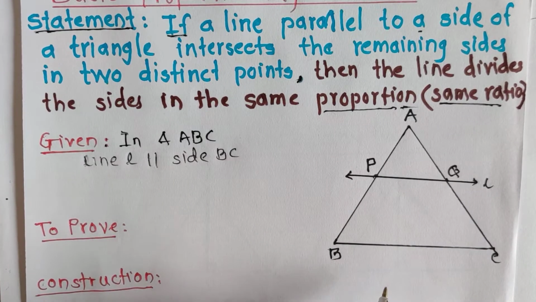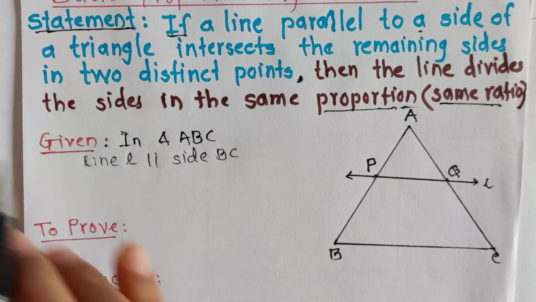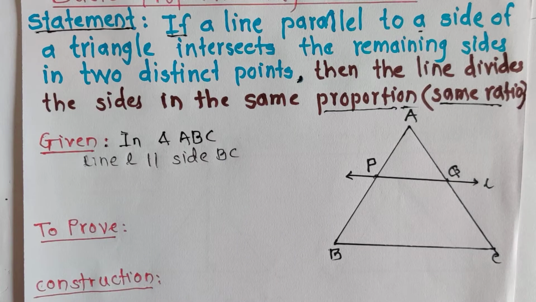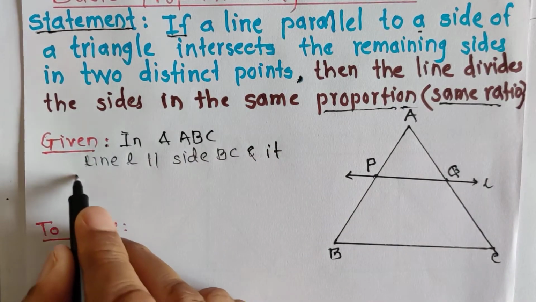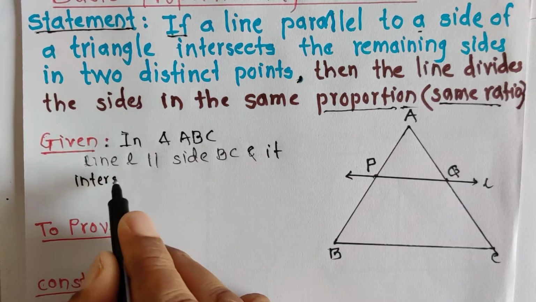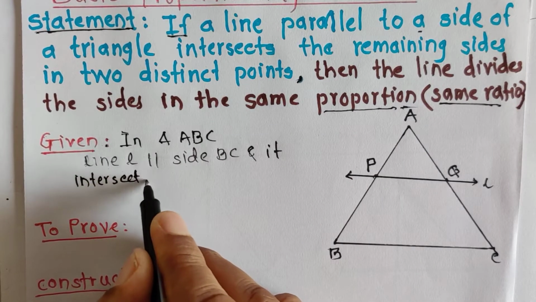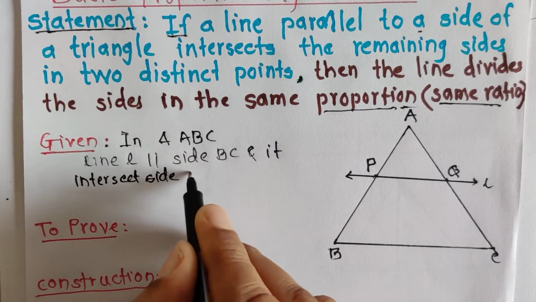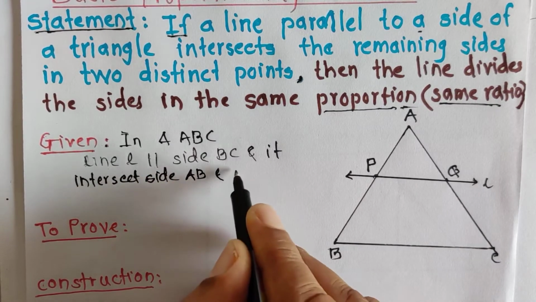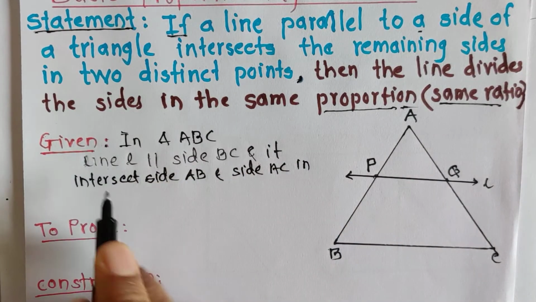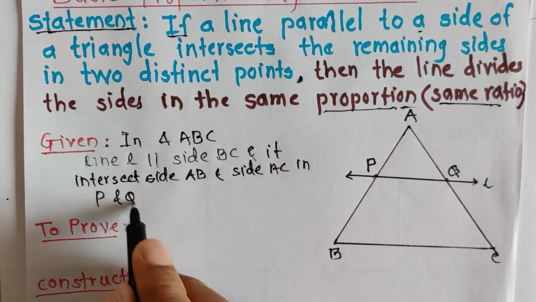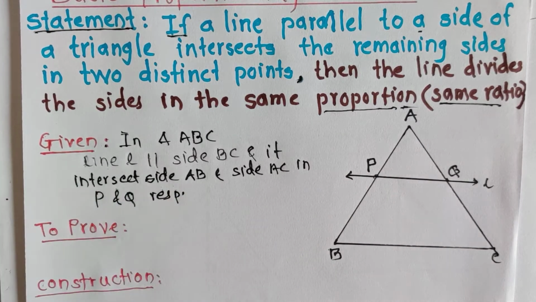So the statement should be in a mathematical form. Line L is parallel to side BC. And the second thing, it intersects side AB and side AC in P and Q respectively.